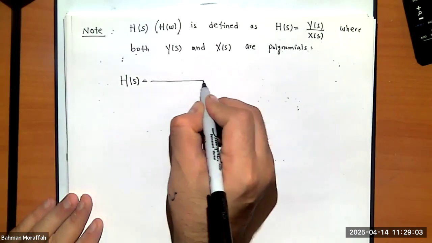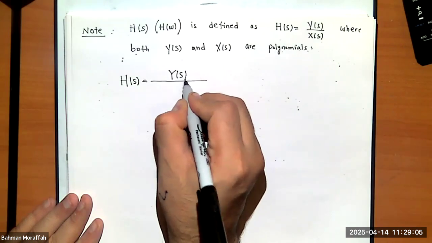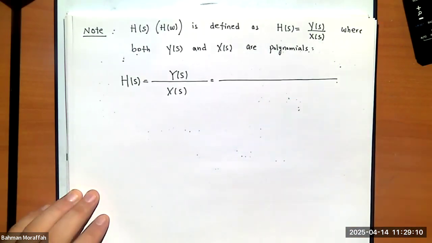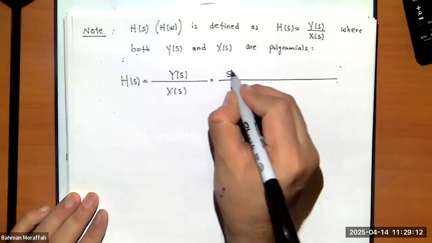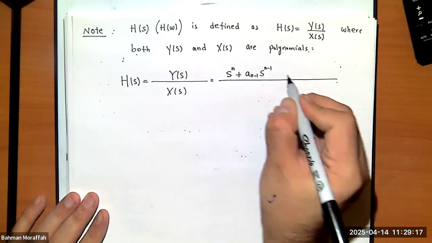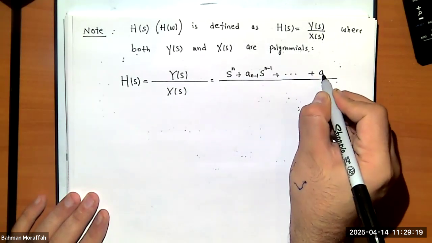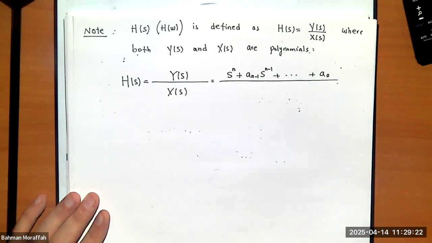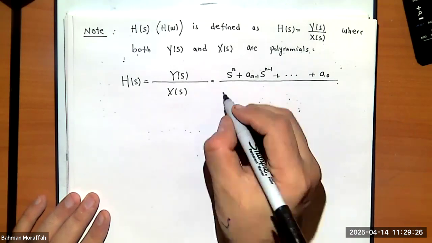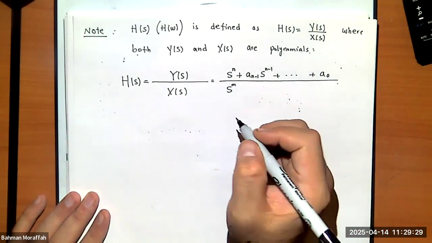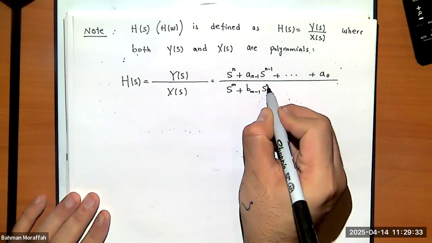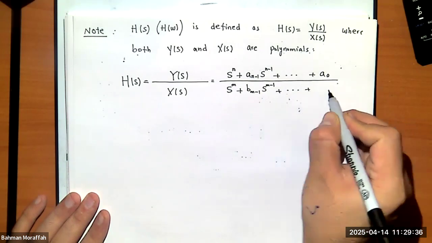H of S is Y of S divided by X of S. Let's say the polynomial representing the output is S to the power of n plus a n minus 1 S to the n minus 1, all the way to a naught. The polynomial representing the input X of S is a polynomial of degree n plus b n minus 1 S to the n minus 1, all the way to b naught.